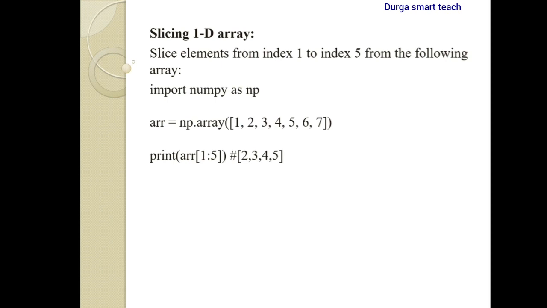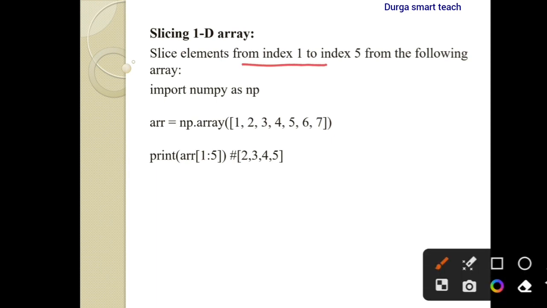Let's see an example, slicing a one dimensional array. In a one dimensional array, the elements are stored in continuous memory locations, right? Slice elements from index 1 to index 5 from the following array.